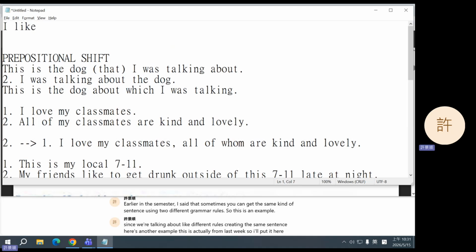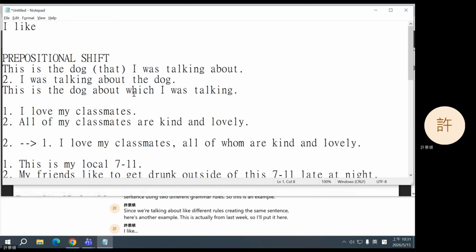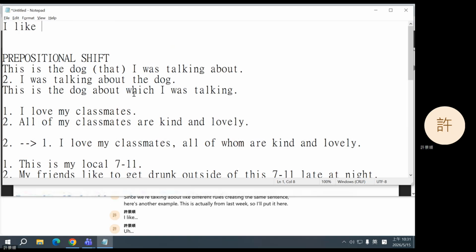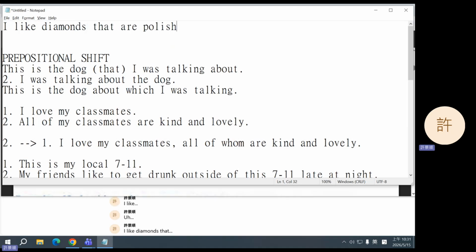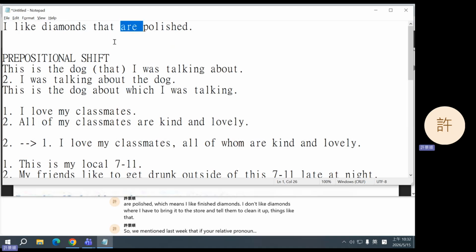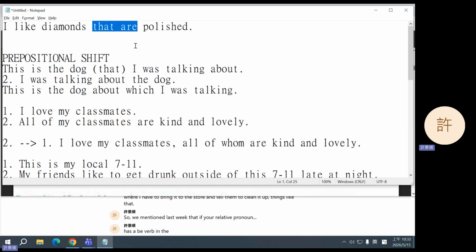I like diamonds that are polished, which means I like finished diamonds. I don't like diamonds where I have to bring it to the store and tell them to clean it up, things like that. So we mentioned last week that if your relative pronoun has a be verb in the relative clause, you can omit this, right?